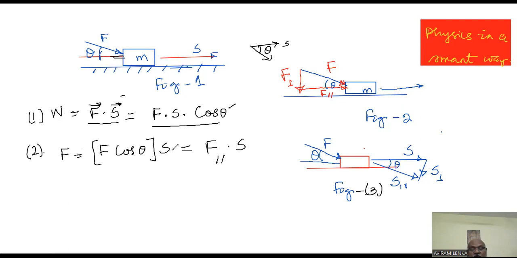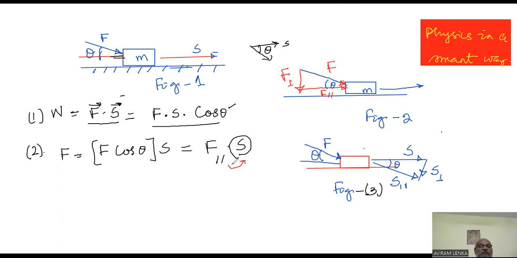So here the meaning is that if somebody is to find the work, it can be found out if we multiply the displacement with the value of the force component which is parallel to the displacement.